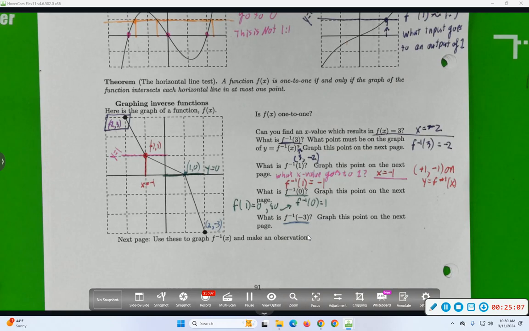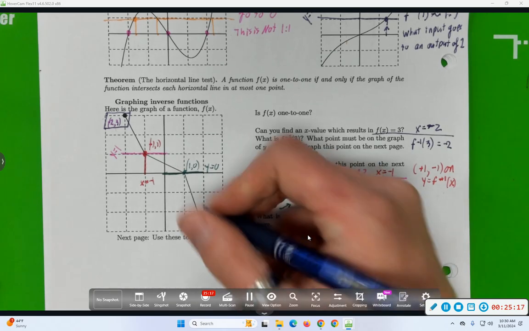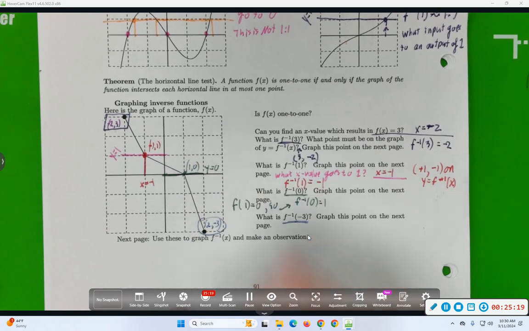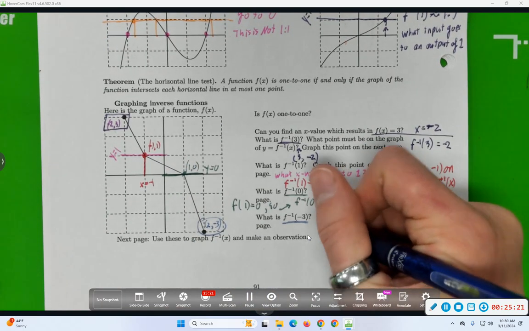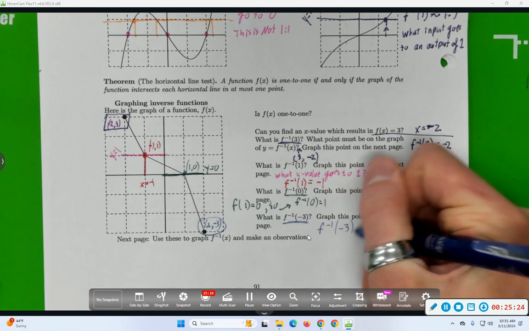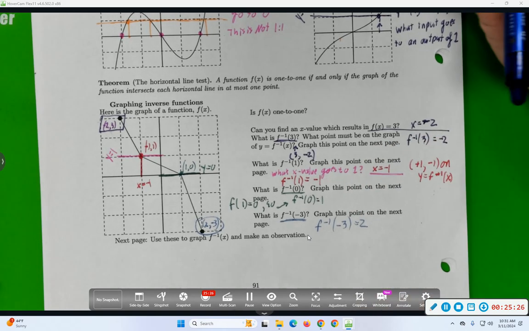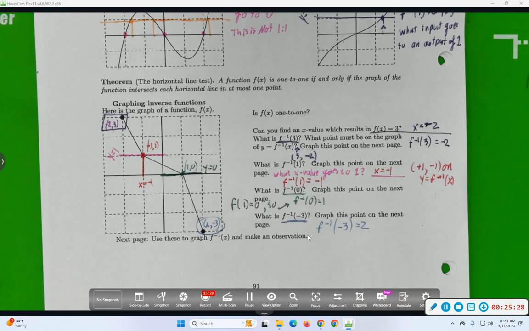Nice. All right. So same question one last time. What is f inverse of negative 3? Yeah. People agree? Nice. I guess that's because of this point. Cool. So you can read off inverse function values by looking at a graph.